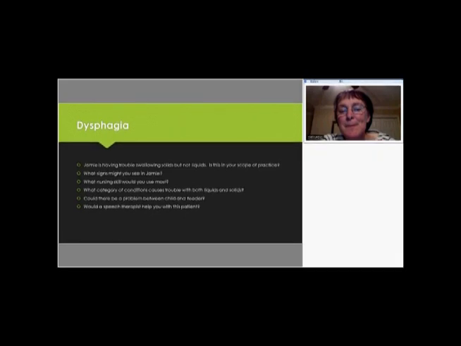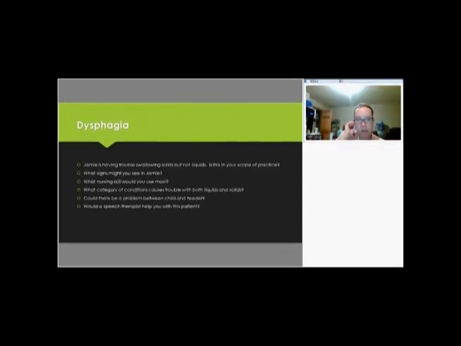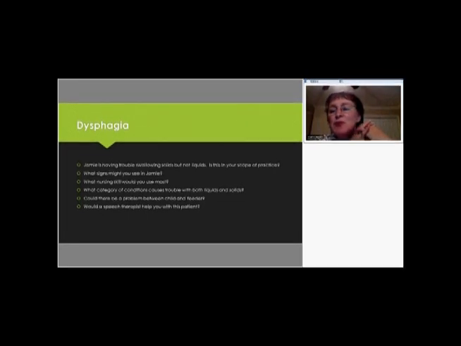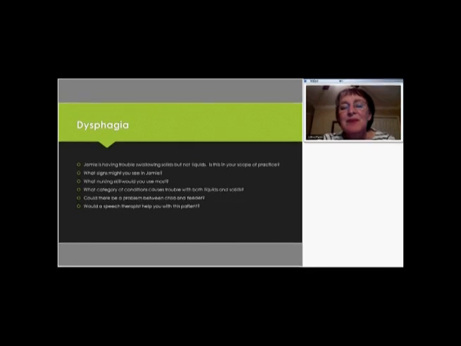Weight loss. Could be weight loss. What else? If she's aspirated anything, she could have a cough. Right. And if she's not swallowing, what's she going to be doing? She's going to be drooling, though probably not so much with this one, but with some other ones that have trouble swallowing.